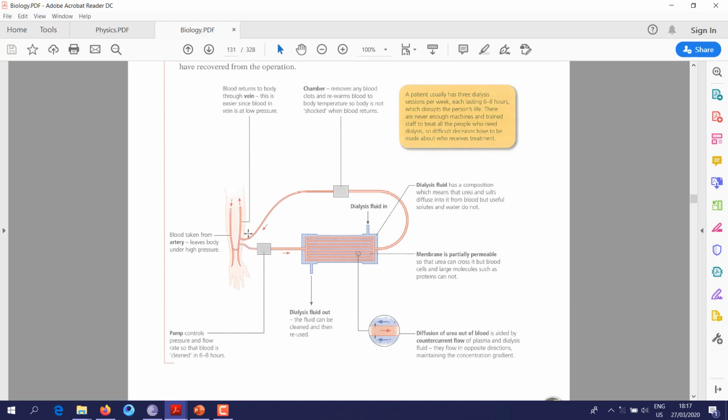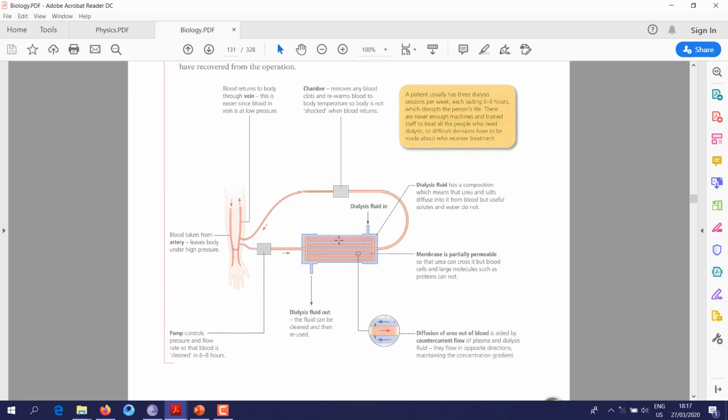Here is the machine that filters the blood of its wastes. As you can see here, blood is taken from an artery and leaves the body under high pressure. So the blood comes out of the body through the artery and goes to the machine.